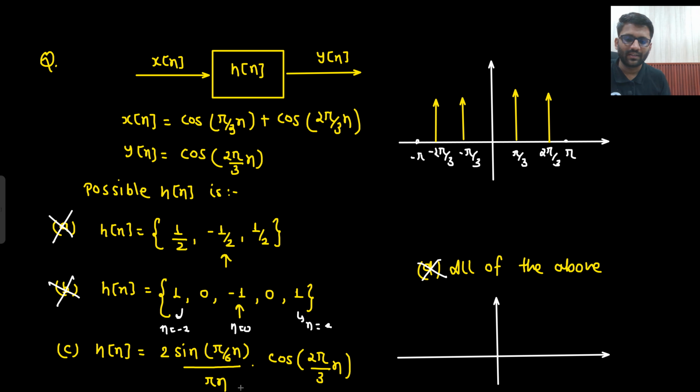Band pass filter. Here you can see that sine pi by 6n divided by pi n would have given this kind of response, minus pi by 6 to plus pi by 6. Now what will happen?